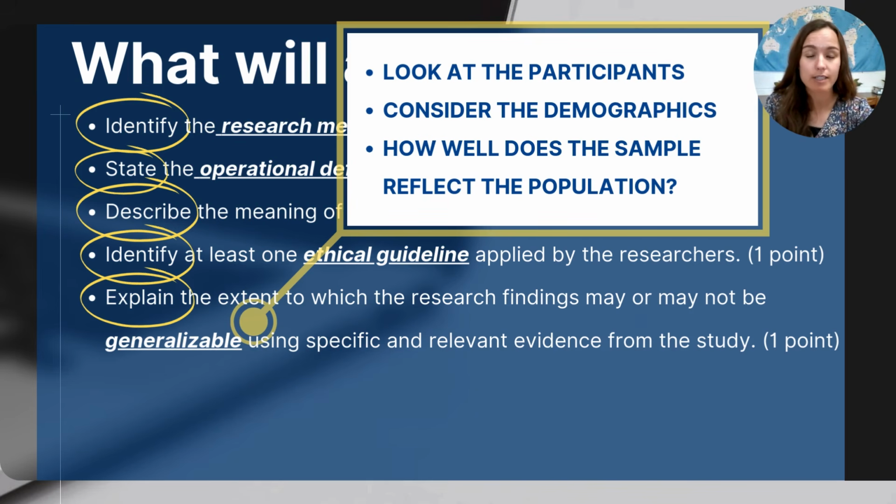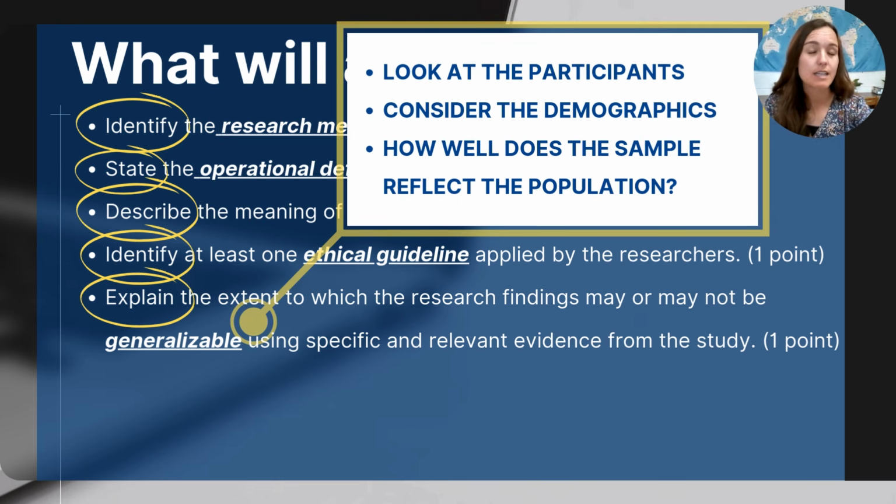Now, notice how it says explain. This task verb means that the College Board wants you to do more than just say, yes, the results of this study are generalizable to the broader population, or no, this is not generalizable. They want you to explain why. So after you say yes or you say no, you will need to explain your reasoning.